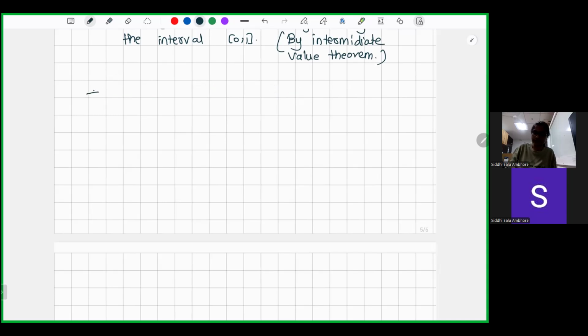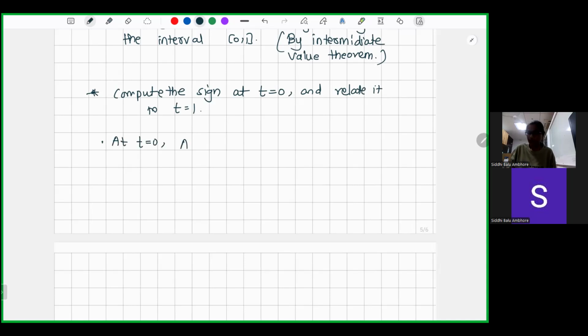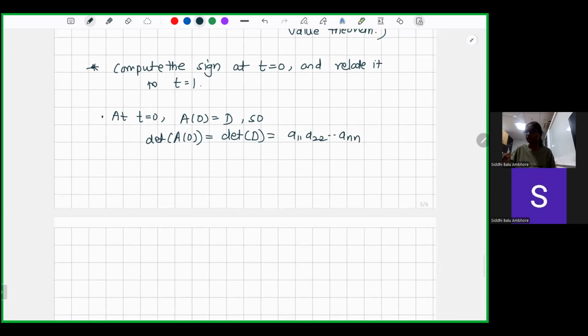So now observe that we compute the sign at t equal to 0 and relate it to t equal to 1. Since the sign remains constant throughout, at t equal to 0, A(0) is D. So determinant of A(0) is determinant of D, that is a11, a22, ..., ann.